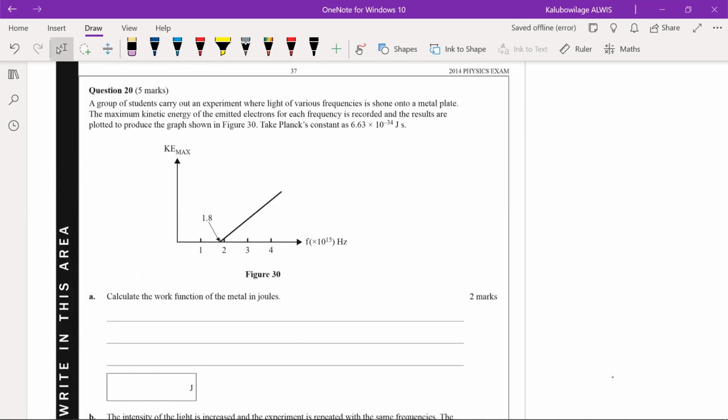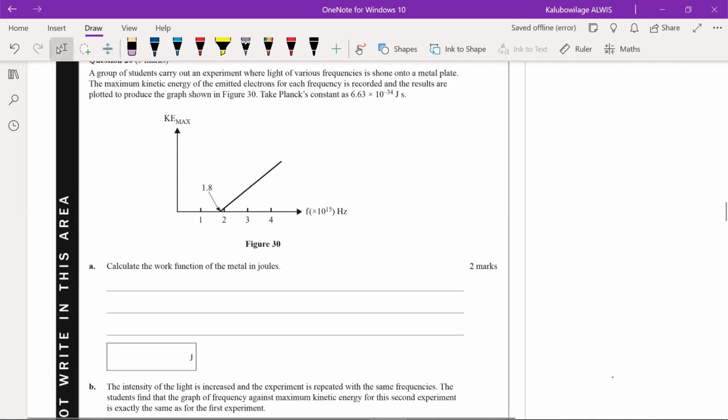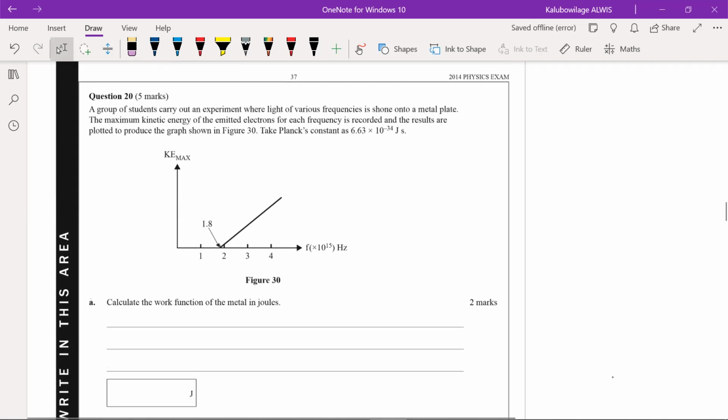How to find the work function for the metals in joules. There goes Planck. We have the incident frequency, which is 1.8. Work function is also hf, h times the incident frequency.